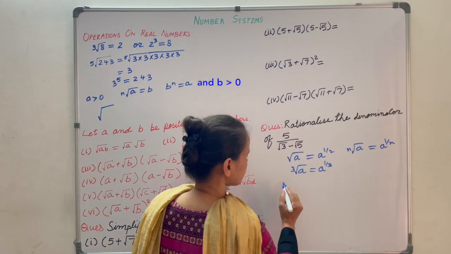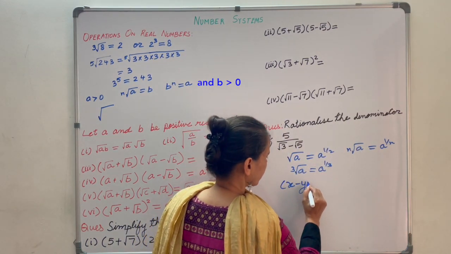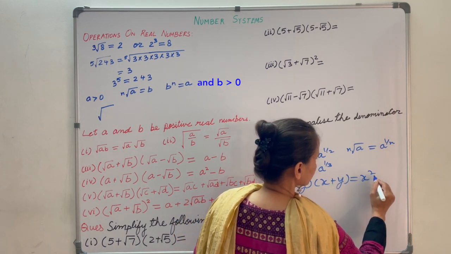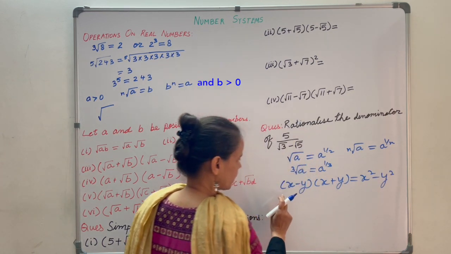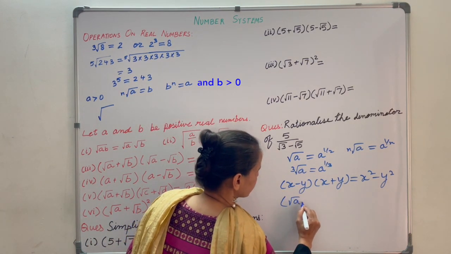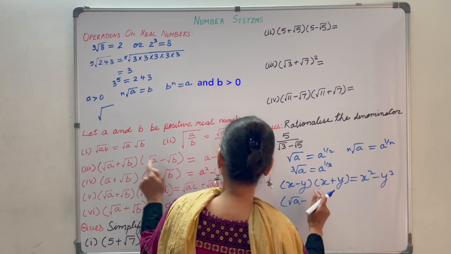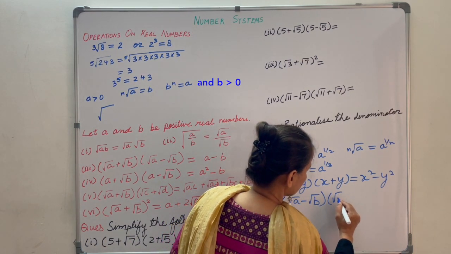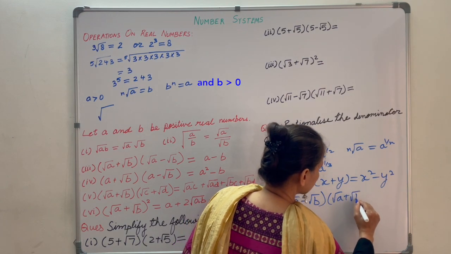That identity is (x minus y) into (x plus y) equal to x square minus y square. So instead of x you have root a and instead of y you have root b. So I'll just replace x with root a and y with root b.